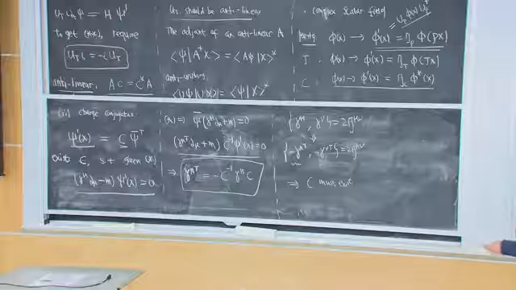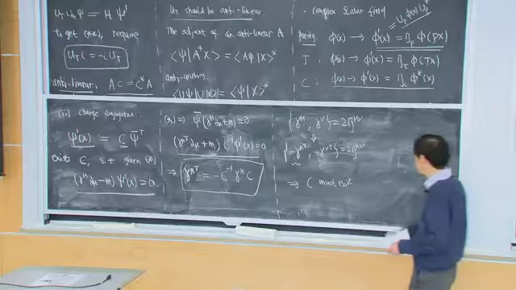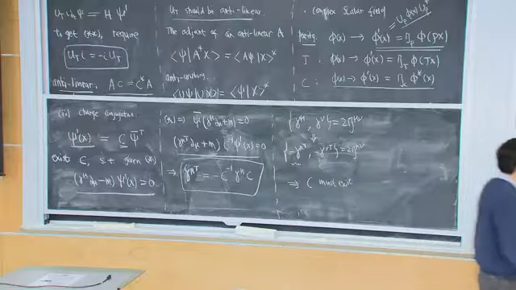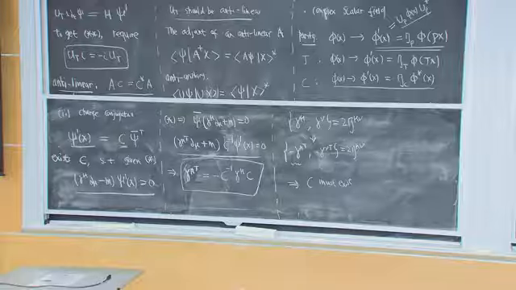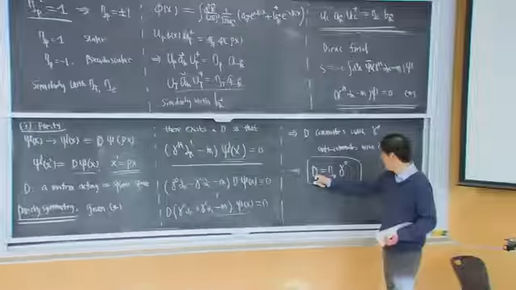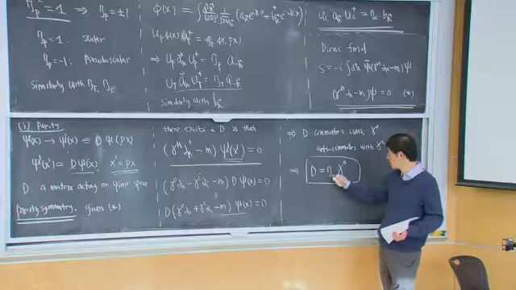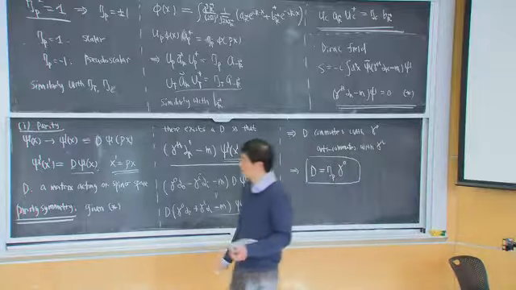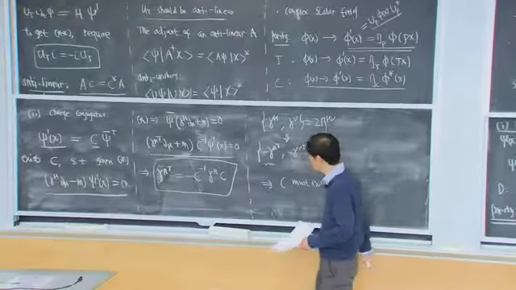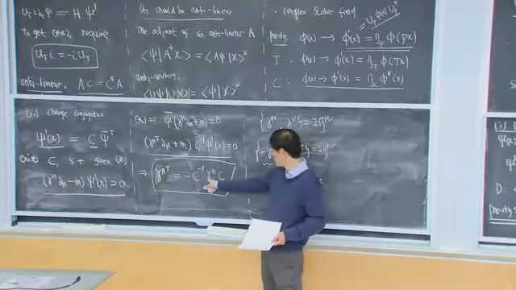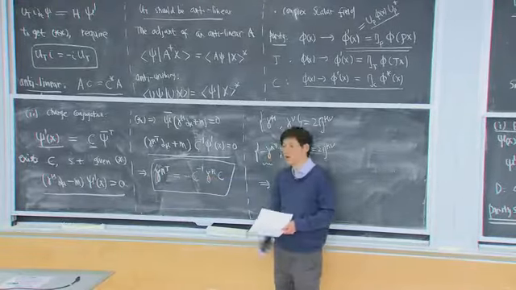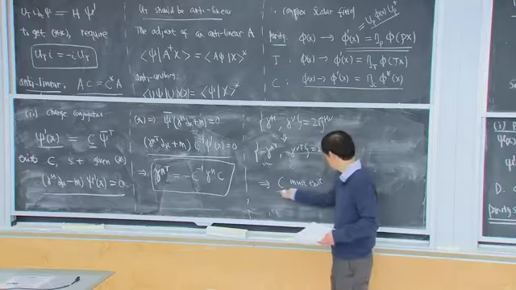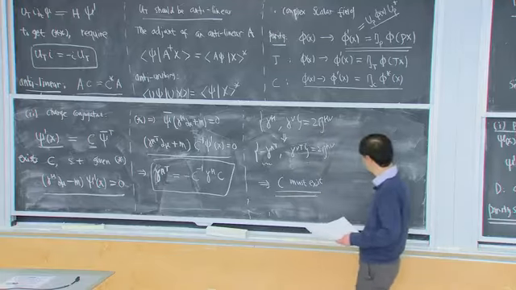Now it's not so easy to write down C explicitly as in this case. Here we can write the expression for D regardless of the choice of gamma matrices, but it's not so easy to write the explicit form of C. Of course, for a specific choice of representation of gamma, you can write down C, but it's enough for us to know that C exists.